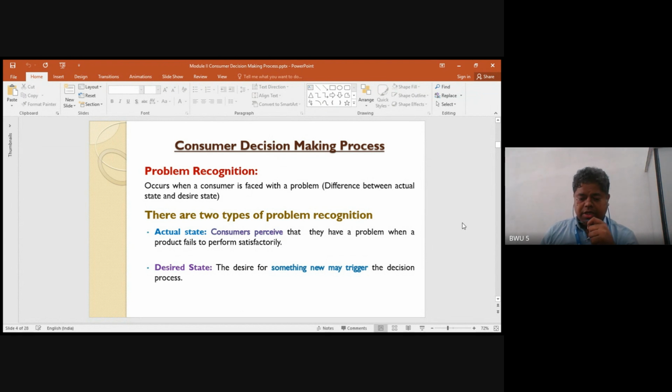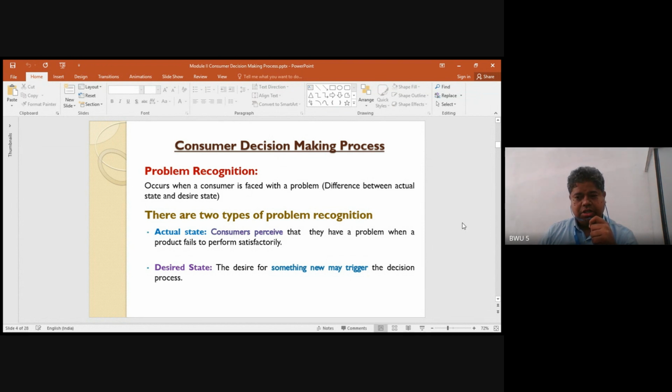Now, obviously, the student is likely to face a problem: he or she needs a particular dress and doesn't have that one.